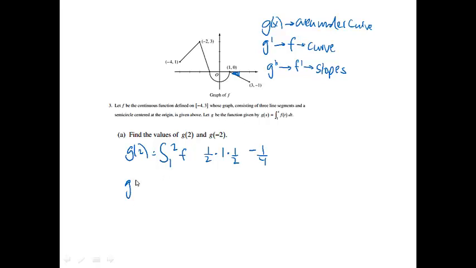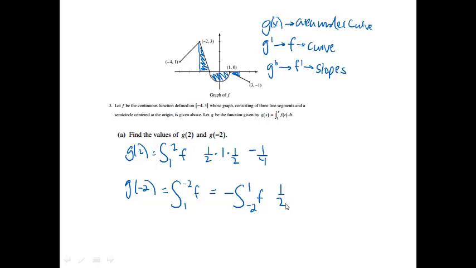And then g of -2, we'll be finding the area under the curve from 1 to -2 of f. Well, we're not allowed to do that, so it's going to be the opposite of going from -2 to 1 of f. So -2 to 1 is going to be a triangle and then a half circle.